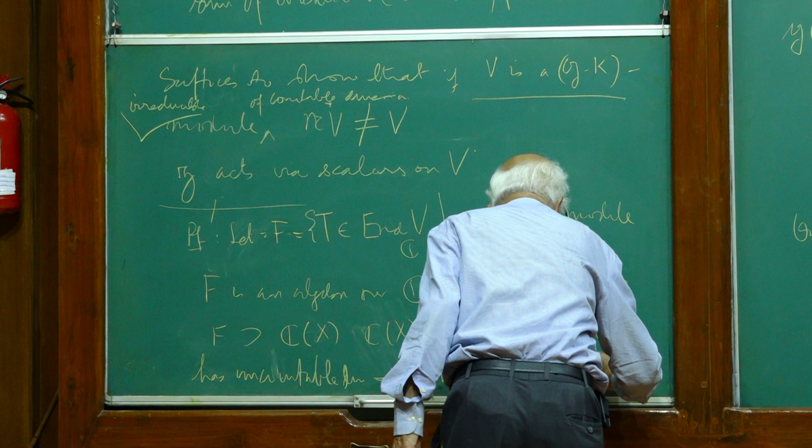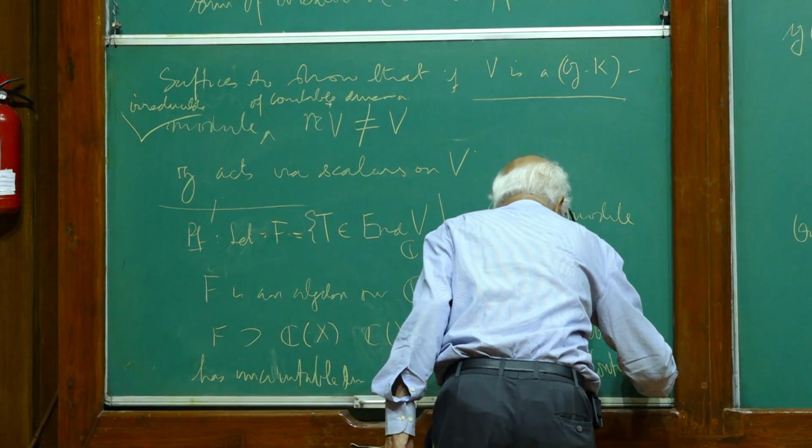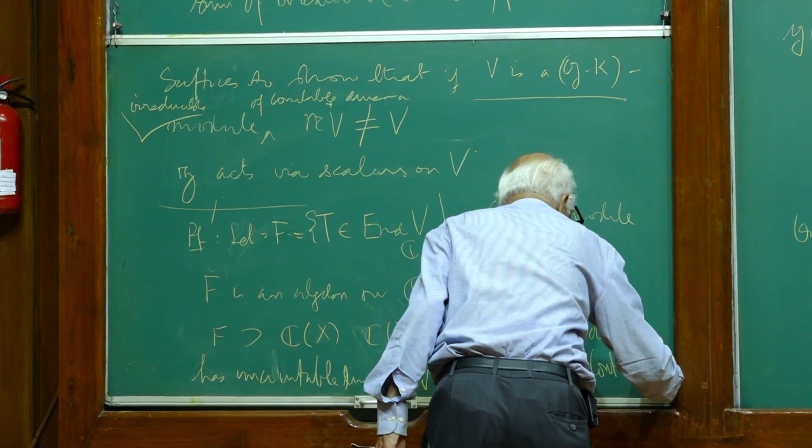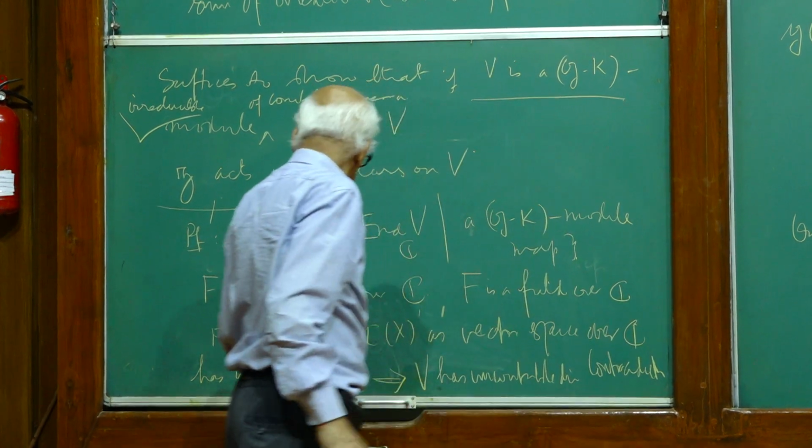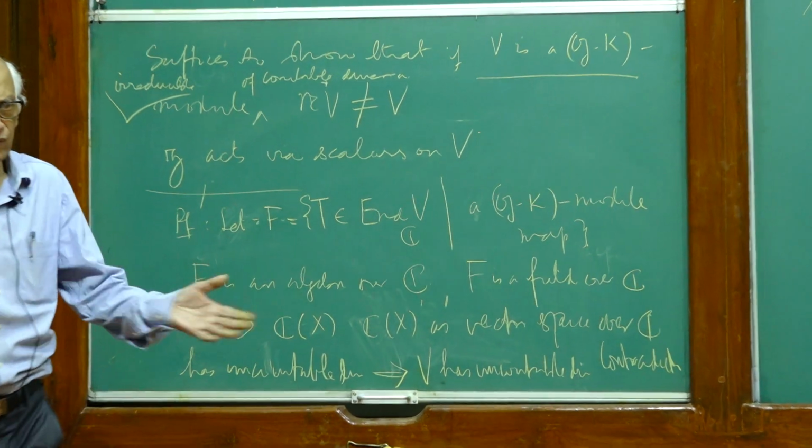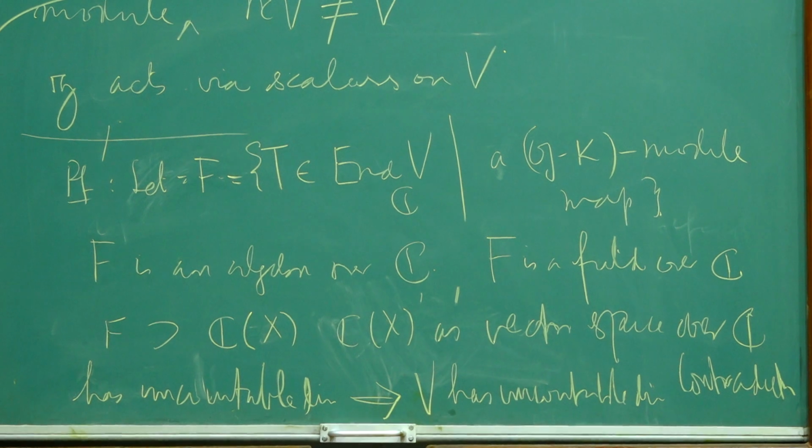The contradiction. So that means F is algebraic over C, so it coincides with C.